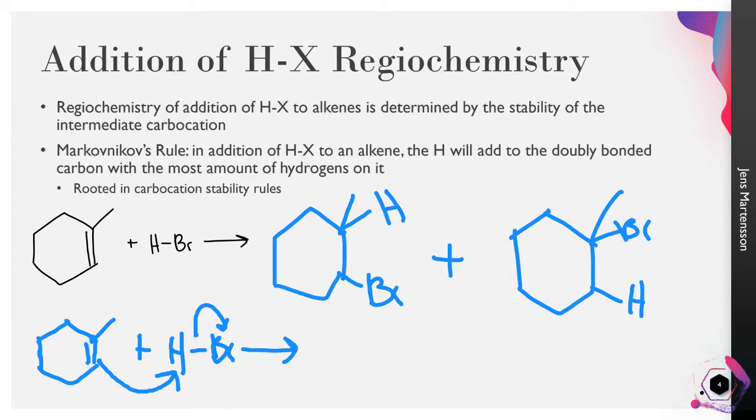Because it has this methyl group. This carbon here has one hydrogen already on it. Okay, so according to Markovnikov's rule, we'll add the hydrogen to this carbon because it already has the most hydrogens.